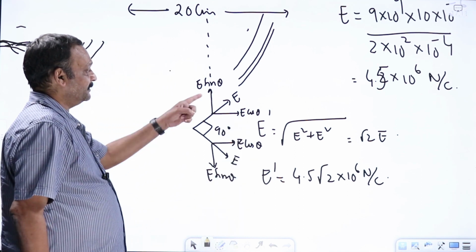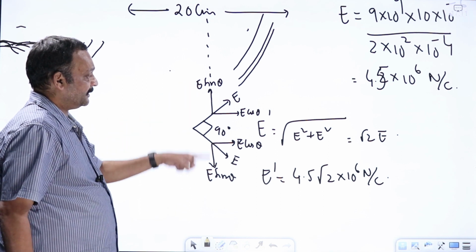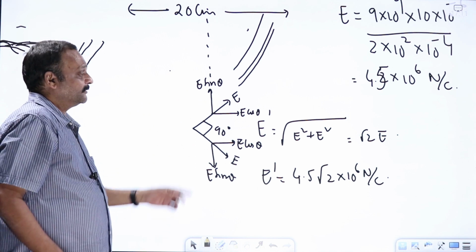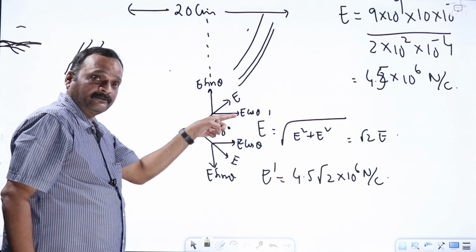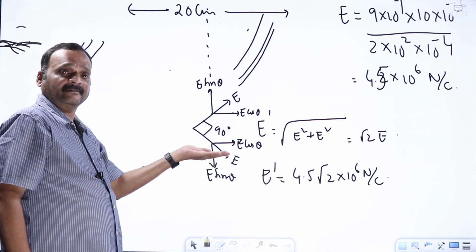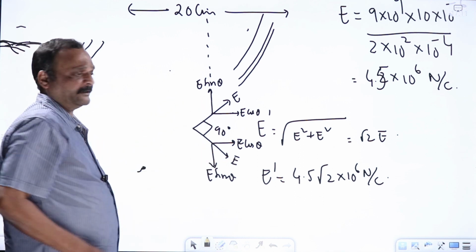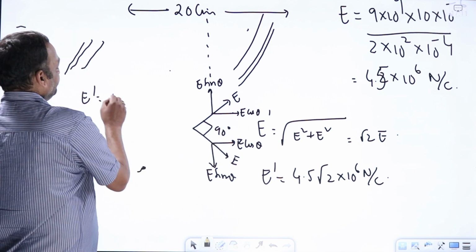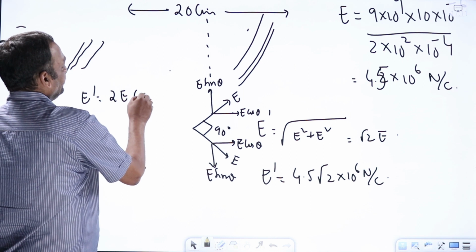Now look at these two. The E sin theta components are equal in magnitude and opposite in direction, so they neutralize each other. So the resultant electric field is only due to the horizontal components E cos theta and E cos theta. They are scalars here, so simply add them. The resultant electric field E dash is E cos theta plus E cos theta, nothing but 2E cos theta.